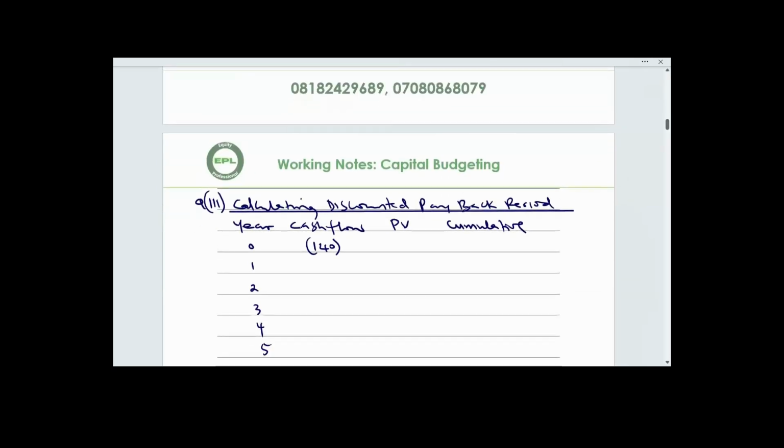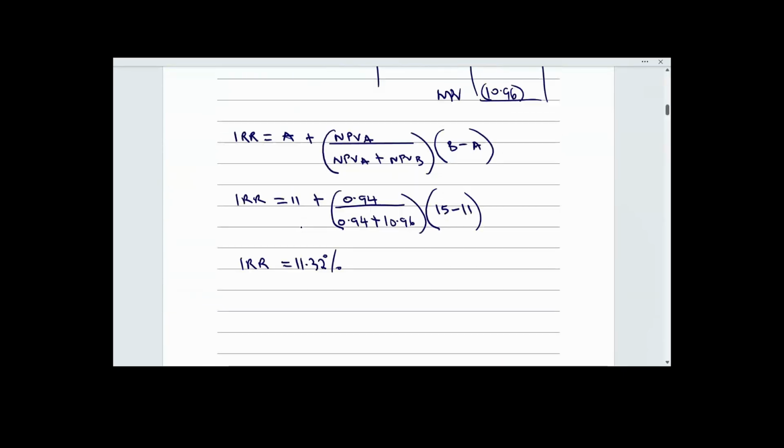Okay? So year 0, year 1, year 2, year 3, year 4, and then year 5. The year 0 cash flow is 140 million.